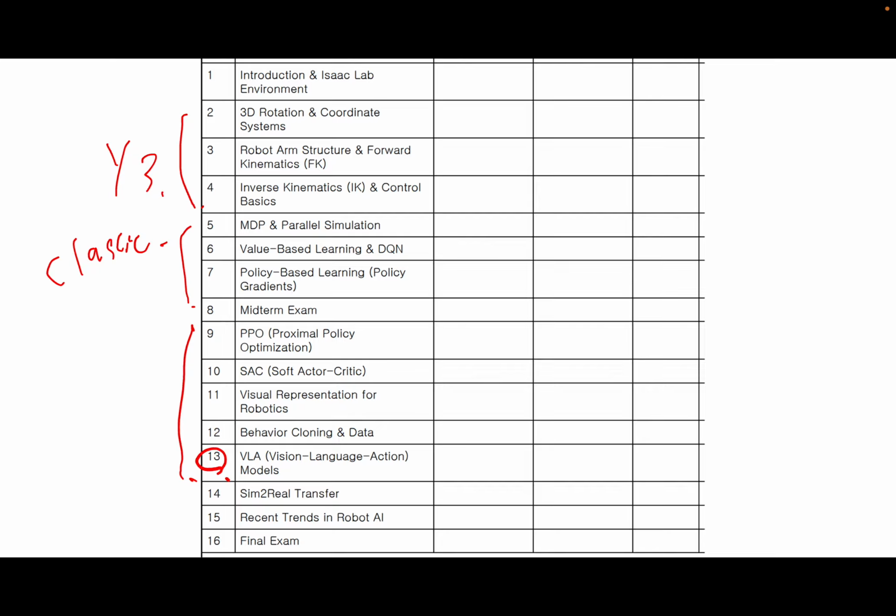All companies are trying to build their own VLA these days. So what is the VLA, and what are the challenges, and sim to real? How can we make a physical agent in a simulator work in a real environment? How can we transfer it to the real environment? So these are the contents of this course.